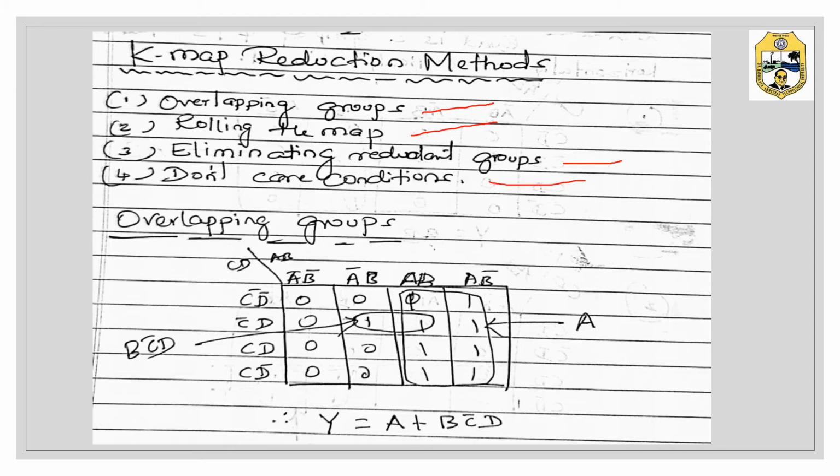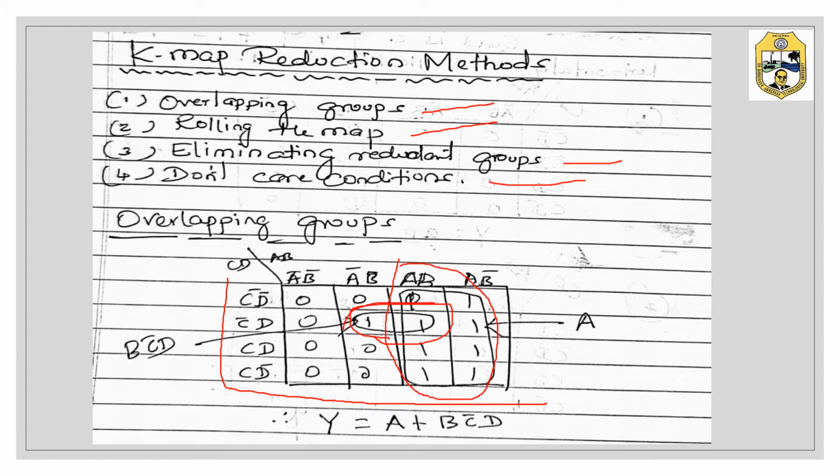So overlapping groups means, for example, a K-map is given like this. In that, what is done is, we need to group the ones. So ones can be grouped in the form of 2, in the form of 4, or in the form of 8. See here, this is a grouping of 2 ones and this is a grouping of 8 ones.